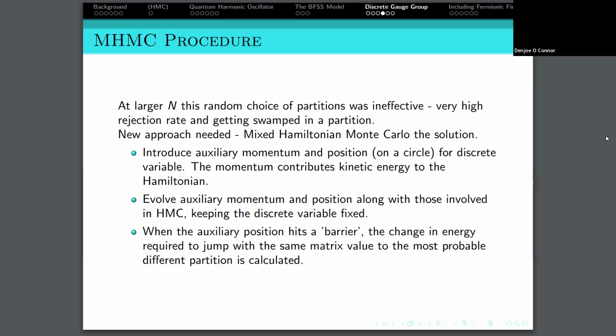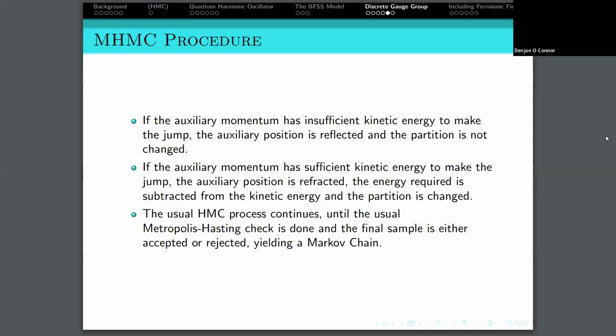And because we put our position on a circle, whenever it hits a barrier, we do a check to see how much energy would be required to jump to a different partition with the same matrix values. If the auxiliary momentum has enough kinetic energy to make the jump, then we accept that. And if it doesn't, then we get reflected.